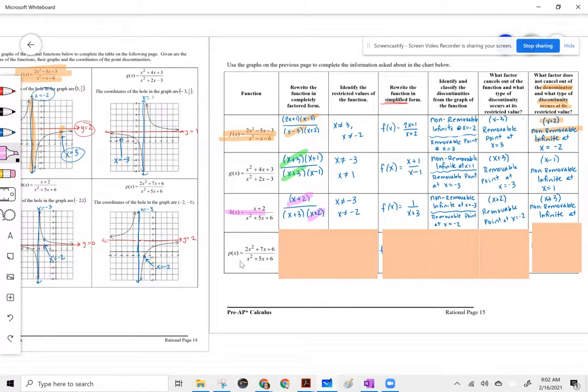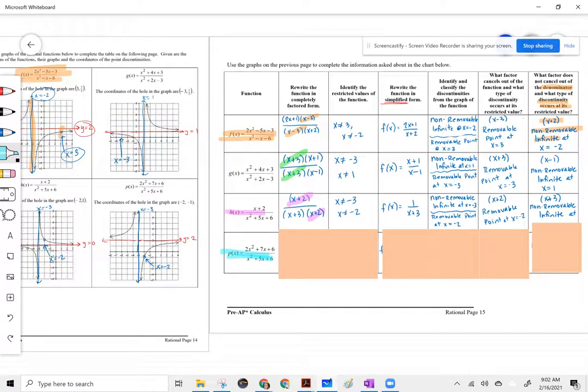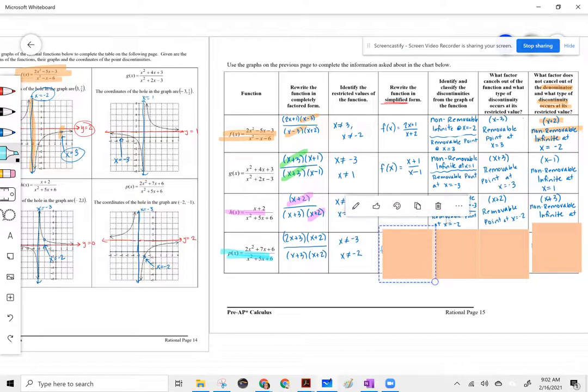Okay, so let's take a look at P of x. Go ahead and answer those questions. Completely factored form, restricted values, and the simplified form because I am canceling out x plus 2.